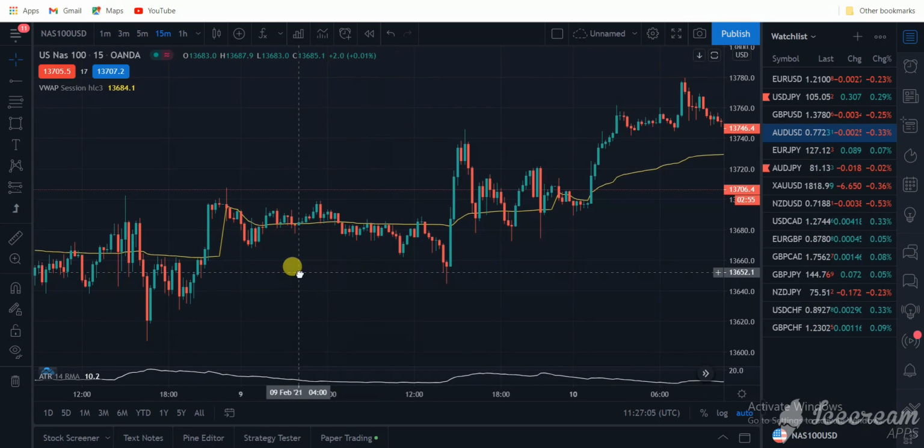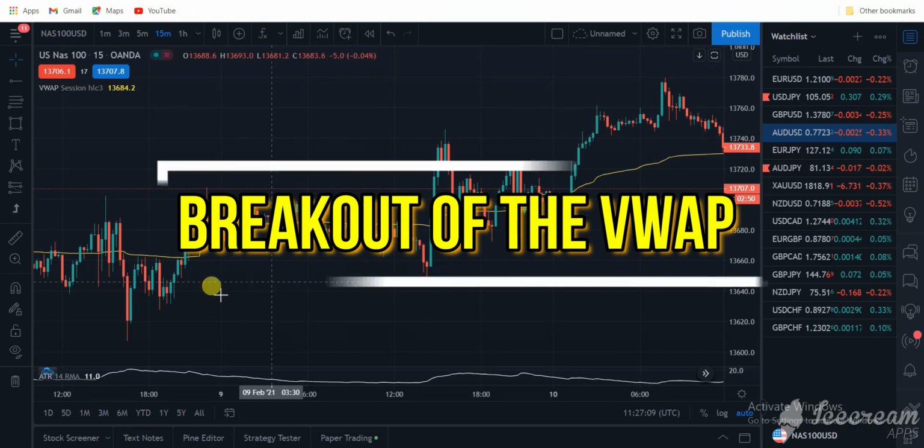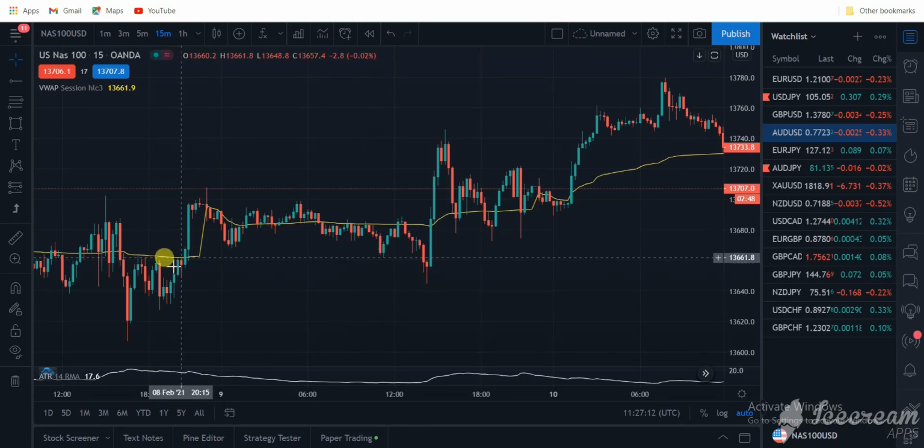Alright, so I'm looking for just one thing in the market. I'm looking to see a breakout of the VWAP indicator line. First things first, the rules and conditions of this strategy: we want to see a breakout of the VWAP. Then after we see the breakout, we want to see a retracement.